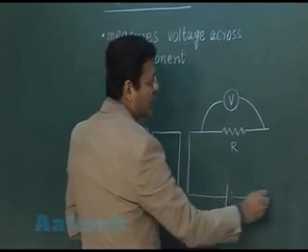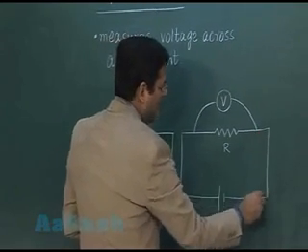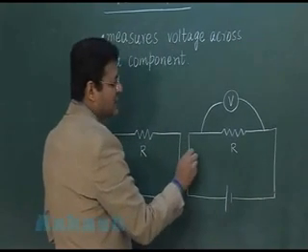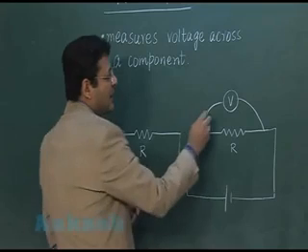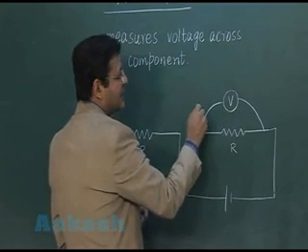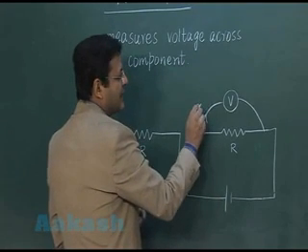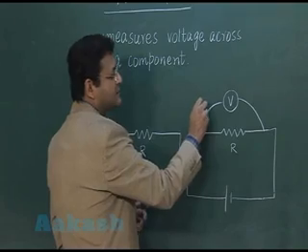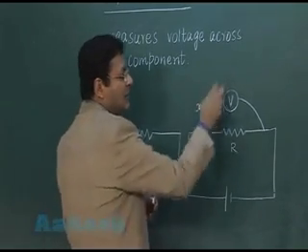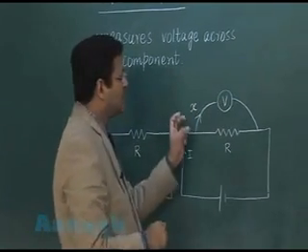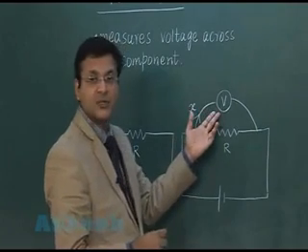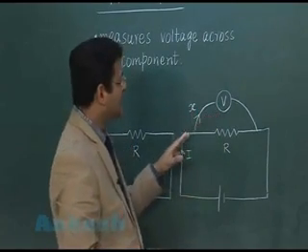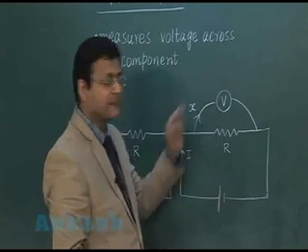You can clearly note now that whatever main current I was coming, if some part of the current, say X amount of current, has started going into the voltmeter, because if the voltmeter has to show some reading, some current must go into the voltmeter. In case the voltmeter has to show some reading, some current must pass into the voltmeter.